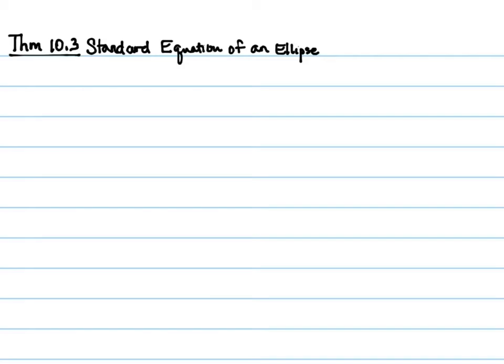All right, so here's what we've got. The standard form of an ellipse with center (h, k). This is the one that I'm doing slightly different than the book, by the way.